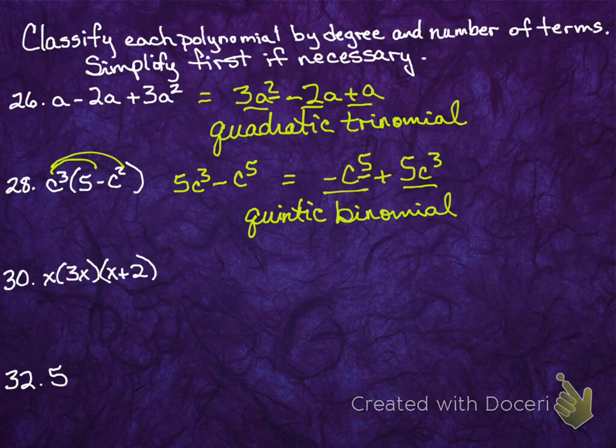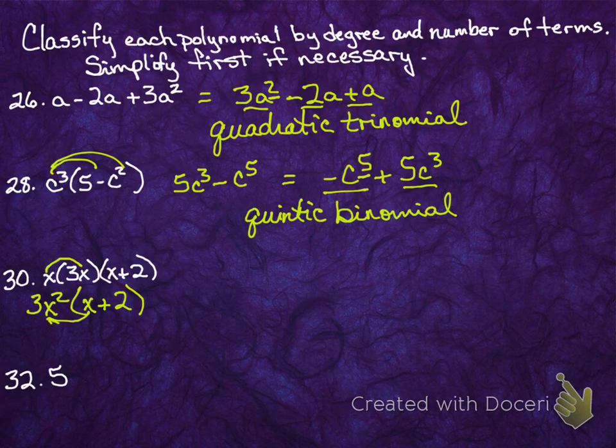Alrighty. Now, number 30. We've got x times 3x times x plus 2. We work left to right when we're multiplying. So we're going to take first and distribute x into the 3x. That gives us 3x squared. And that's multiplied by x plus 2.